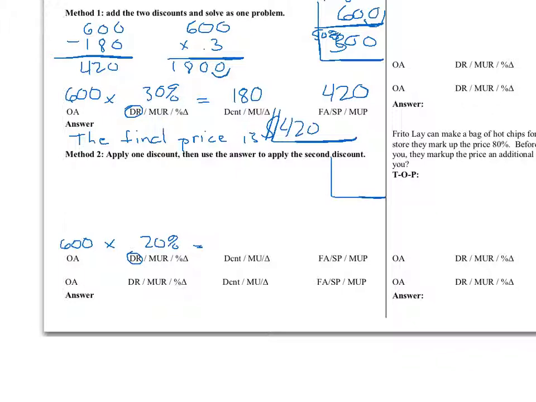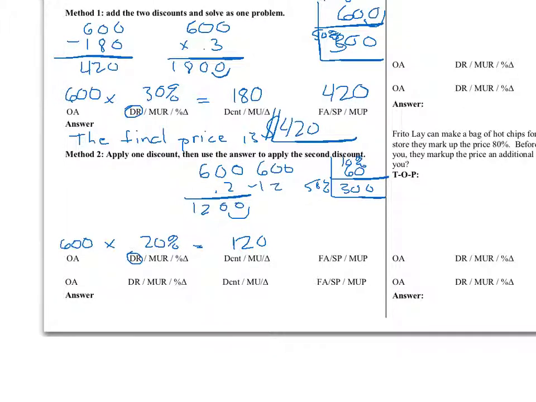So we get our benchmarks, 10% would be 60 and 50% would be 300. 600 times 0.2, move the decimal 1 time, $120. Since this is a discount, I'm going to subtract 600 minus 120.